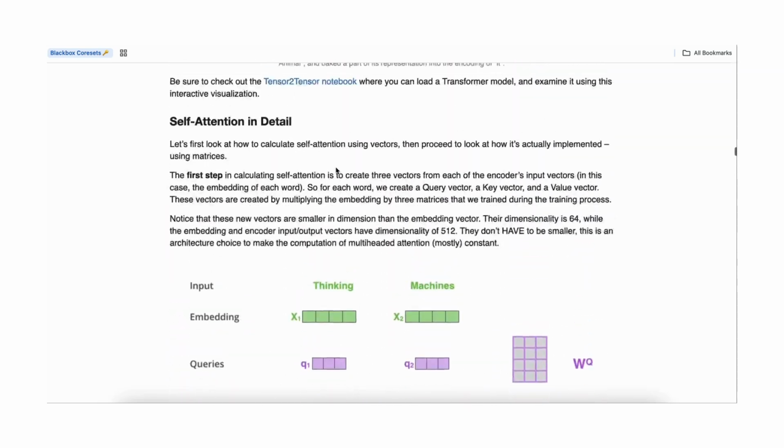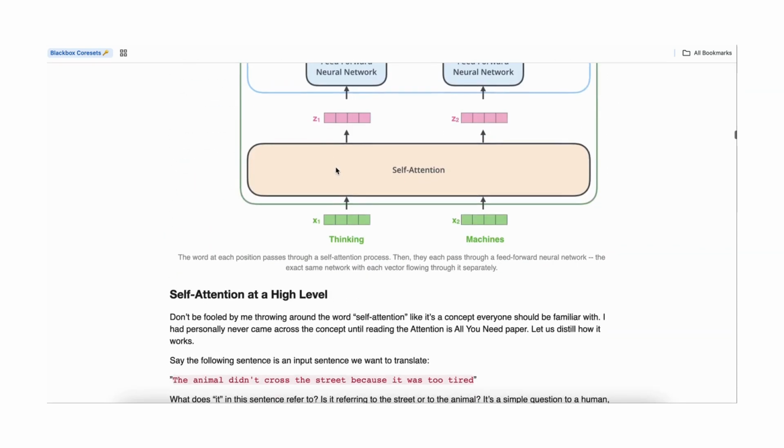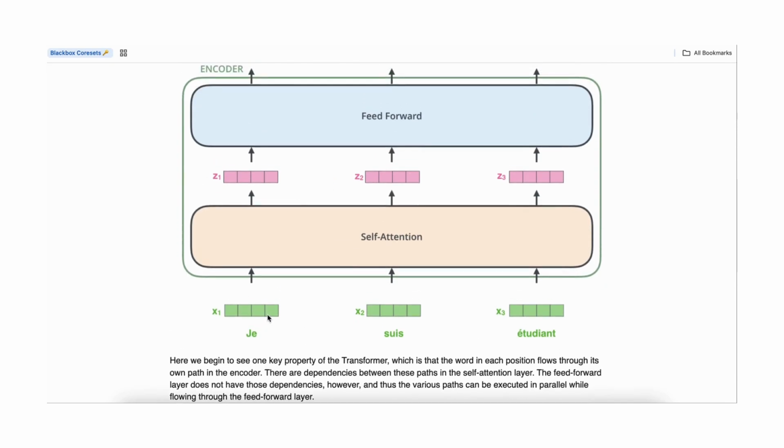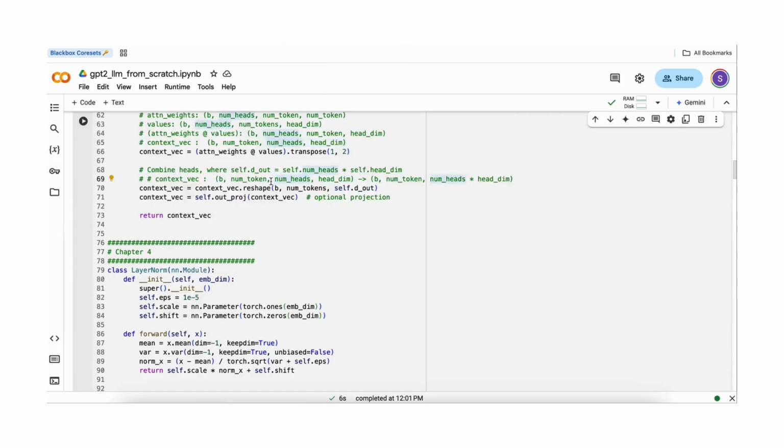The reason is this. Let's go back here. If you think about this example, after we pass through the self-attention layer, we're going to get a vector z1, and if we combine z1, z2 and z3, that is of size num tokens, which is what this num token stands for.